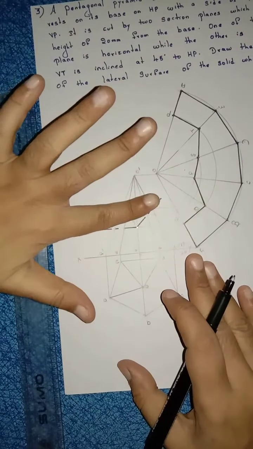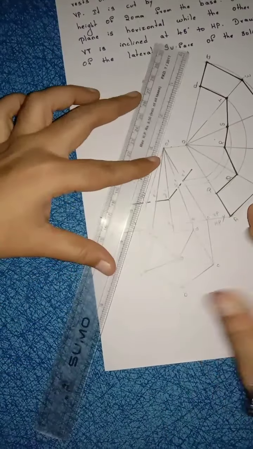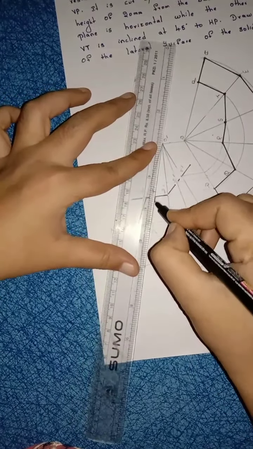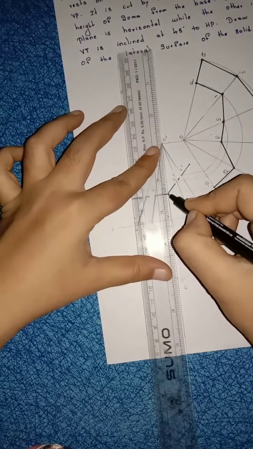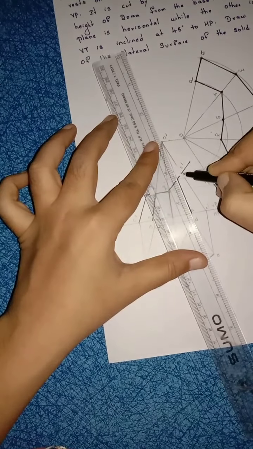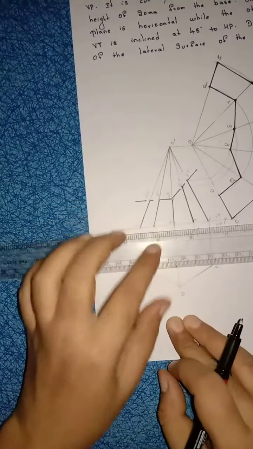Now here we are removing this portion. This portion should be in light manner, remaining portion should be in dark manner. So A dash to P dash, E dash to T dash, B dash to Q dash, S dash to D dash, R dash to C dash. This should be in dark.